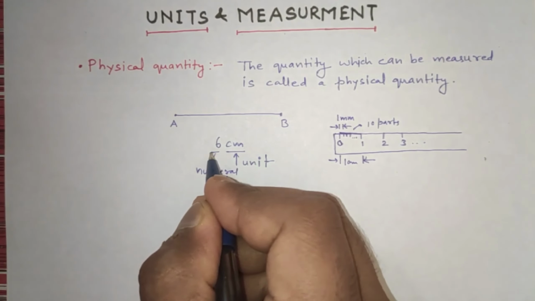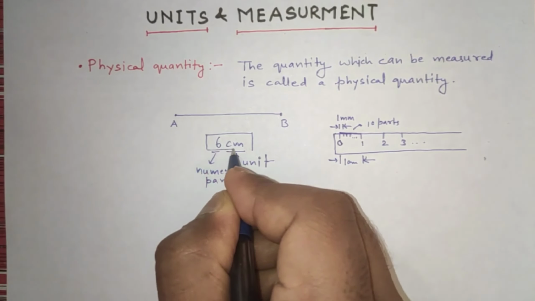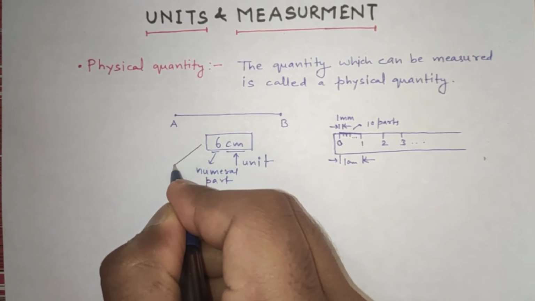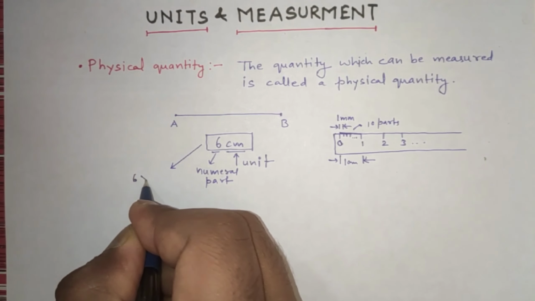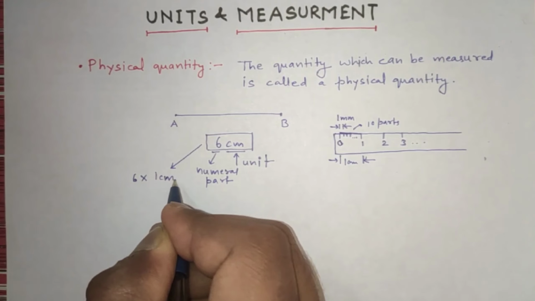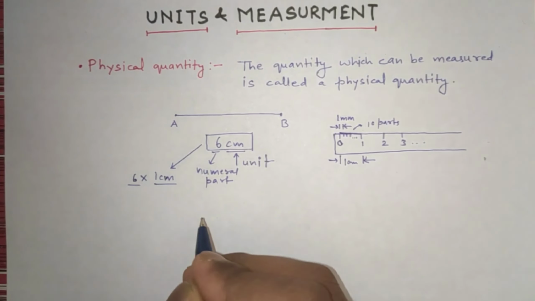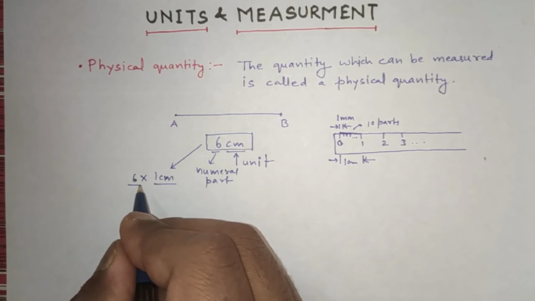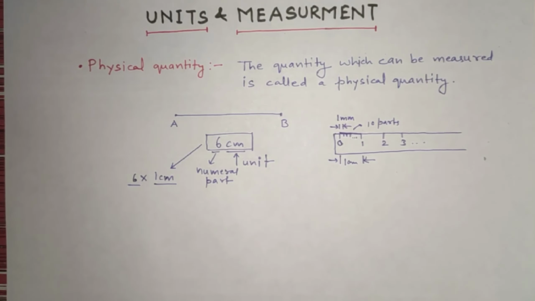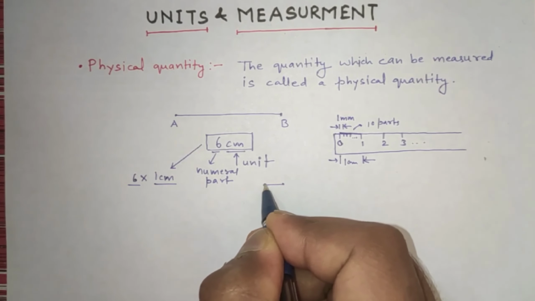Can we write it in some different way? Yes. Let us write it in this way. 6 centimeter can be written as 6 times 1 centimeter. So, what can we infer here? Let us say 1 centimeter is the length this.